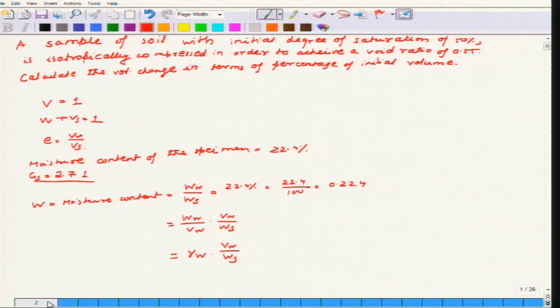So from this relation we get that 0.224 into Ws by Vw is equal to gamma W, or 0.224 into Ws by gamma W is actually equal to the volume of water. So right now we know what is the volume of water.